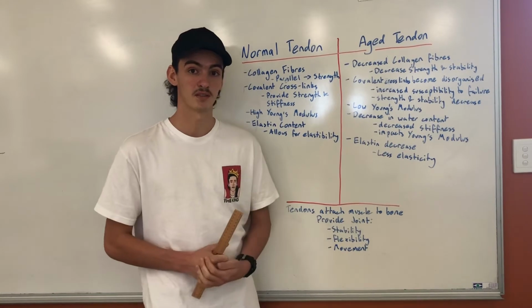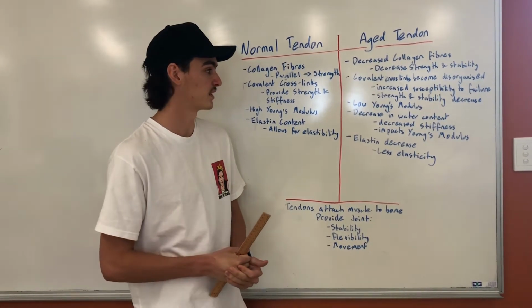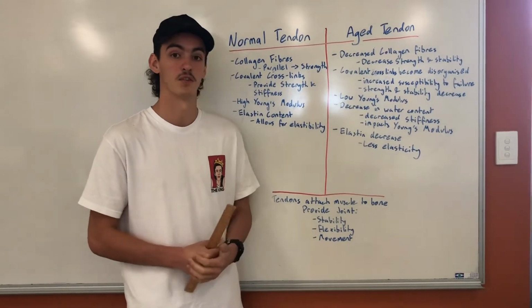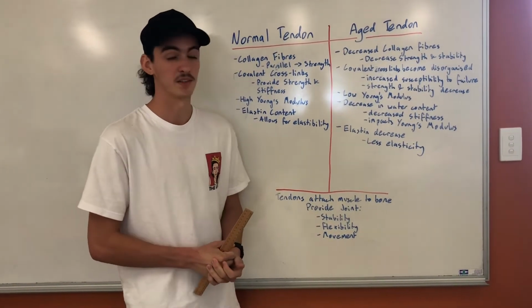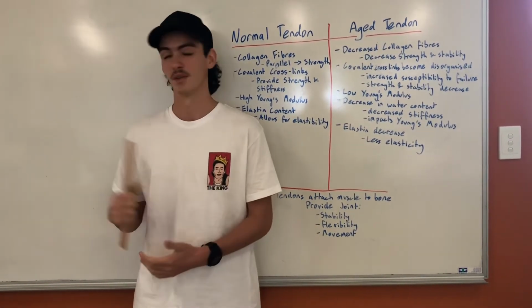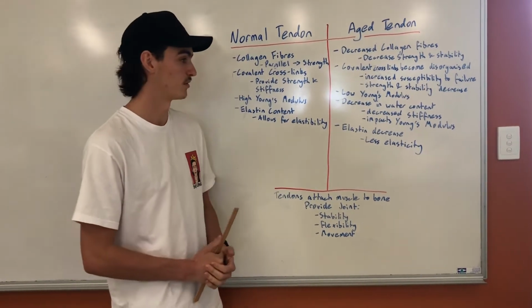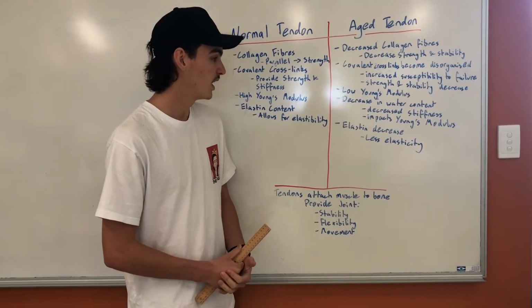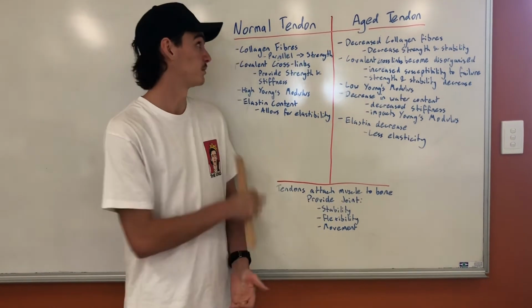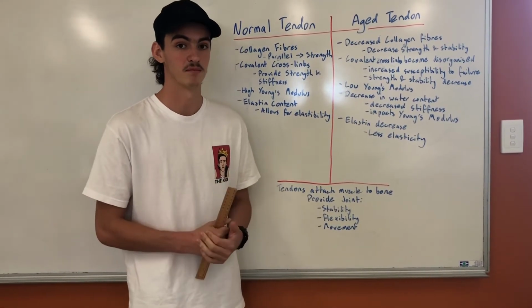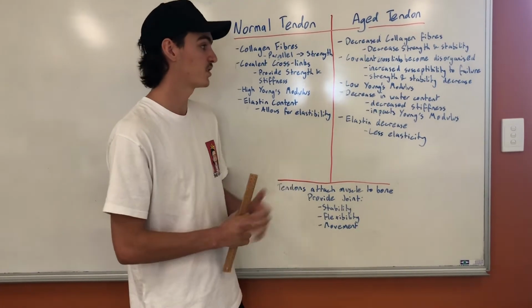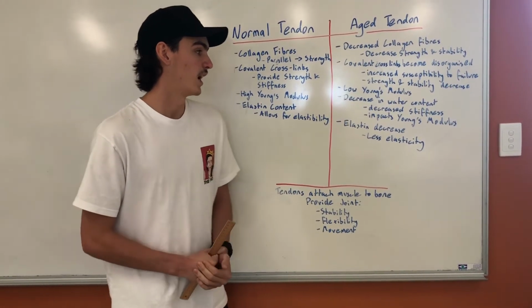The Young's modulus, again, is much further decreased than in a typical tendon. As previously mentioned, I will go through that further once we do our graphs on stress and strain. A decrease in water content was something that wasn't mentioned in the normal tendon, as the normal tendon has a relatively okay water content, whereas this decreases in an aged tendon.